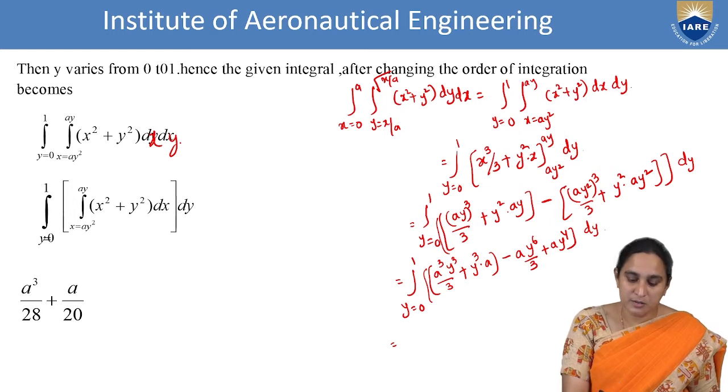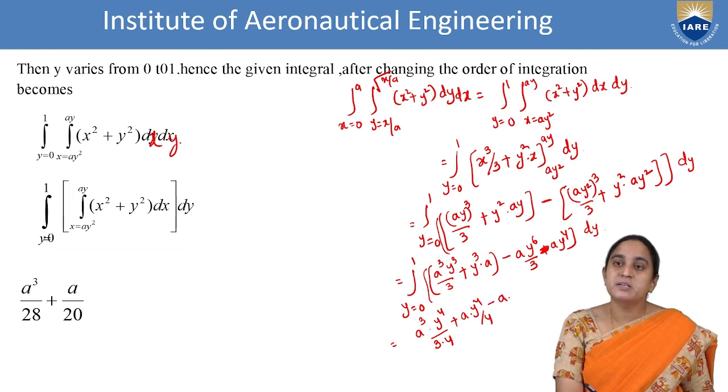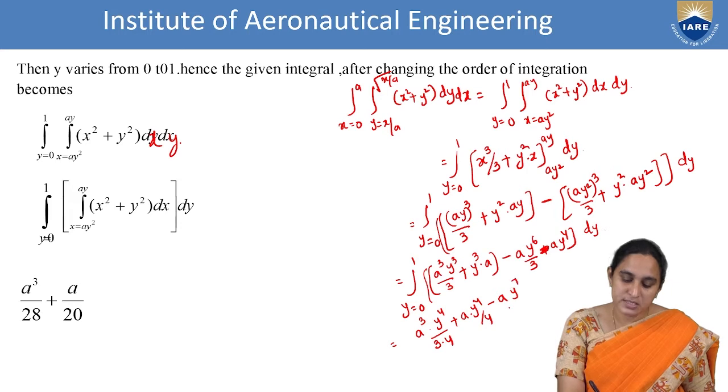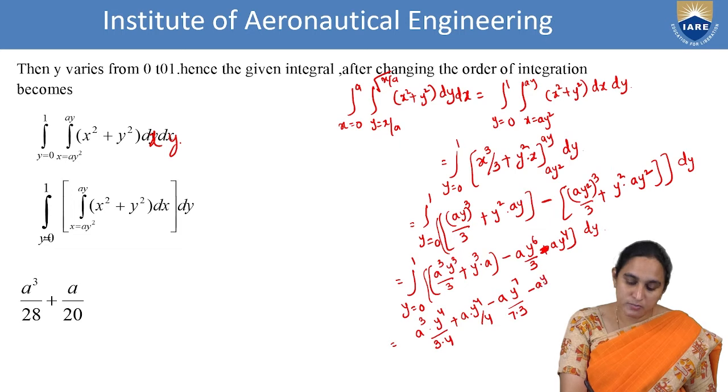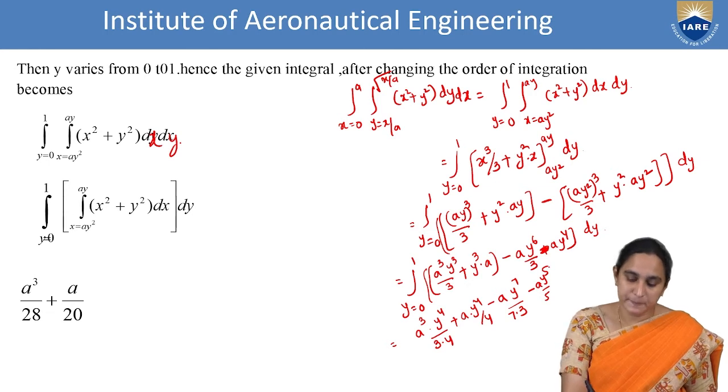Now integrate with respect to y: a cube into y power 4 by 4 plus a into y power 4 by 4 minus a into y power 7 by 7 into 3 minus a into y power 5 by 5.